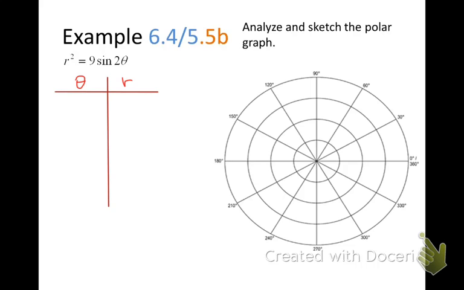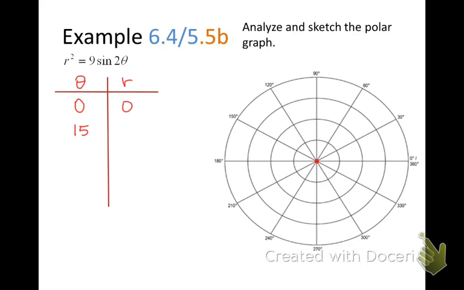The first theta to plug in will always be 0. That's your easiest one. If I plug in 0, what's the sine of 0? 0. Done. So I'm going to plot that point at 0, 0. Then what's the next degree I would want to plug in? I want 30 degrees, which means I should plug in 15 for theta in order to evaluate a 30-degree mark, right?